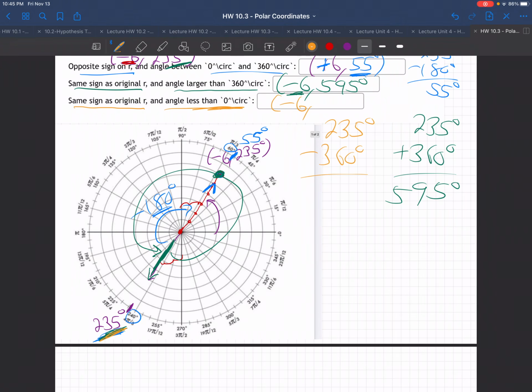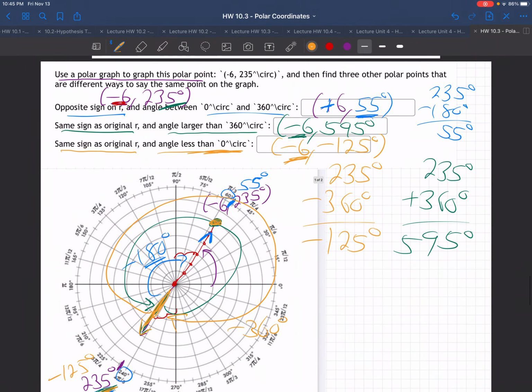So if you subtract 360, I think it's going to be minus 125. Is that right? 235 minus 360 is minus 125 degrees. That's got to be the same thing, because if you're facing 235 and then you turn backwards, going in the negative direction 360, now you're facing negative 125 degrees, but that's the same spot. Then you backfire 6, you're going to land the cannonball at the very same spot.